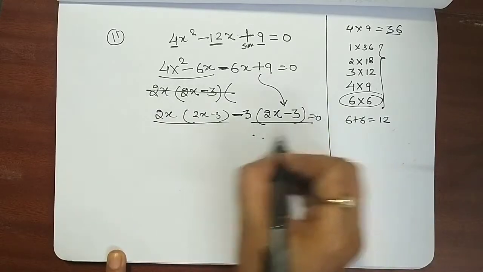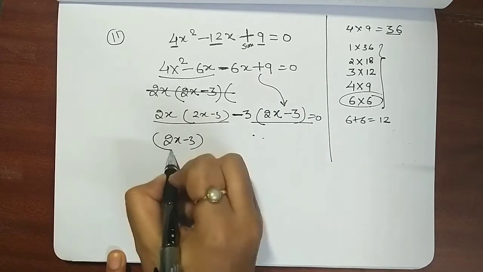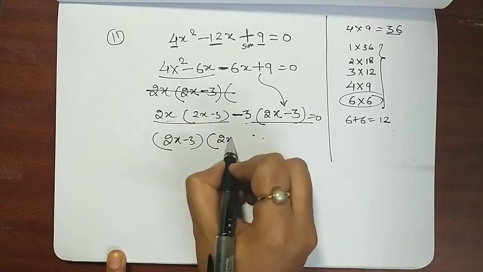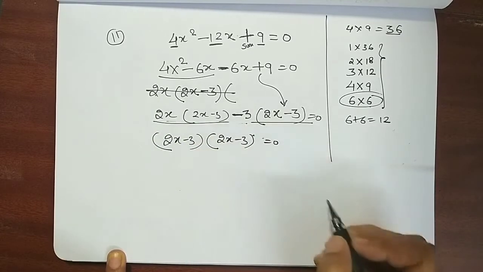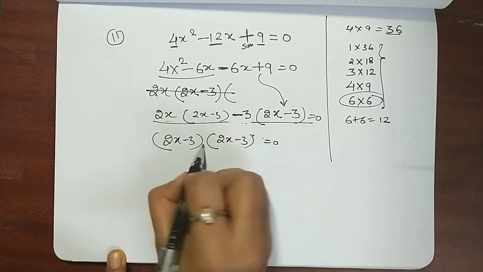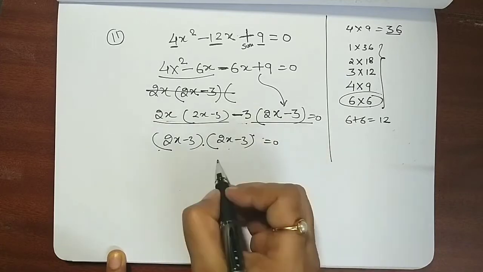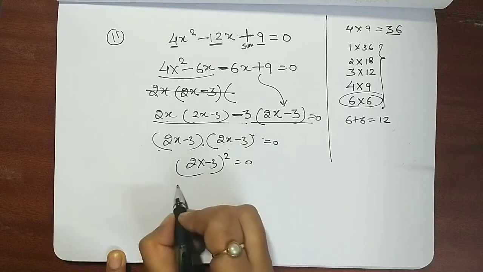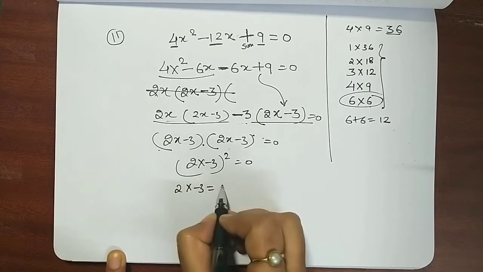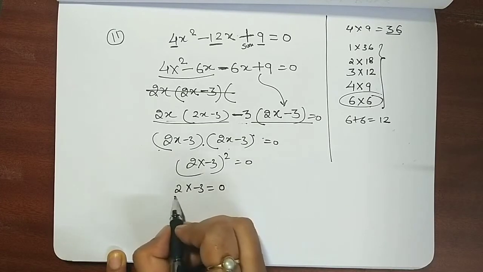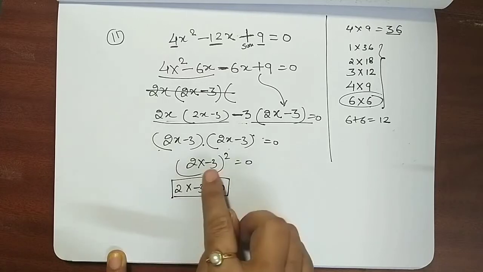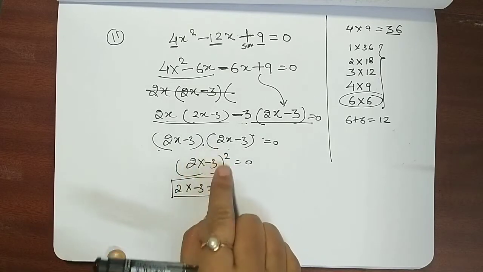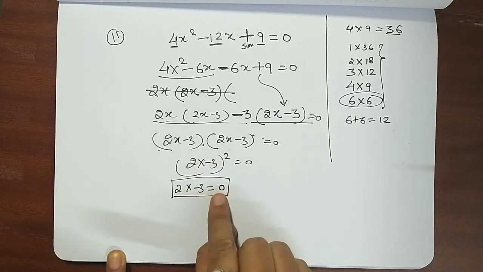Now out of these two, 2x minus 3 is common, and what is left is 2x minus 3, equal to 0. So I have two roots which are the same. I can write 2x minus 3 whole square is 0. So actually 2x minus 3 is 0. After factorization, to find the roots, this is the step: whatever factored value we are getting, we have to put it equal to 0.